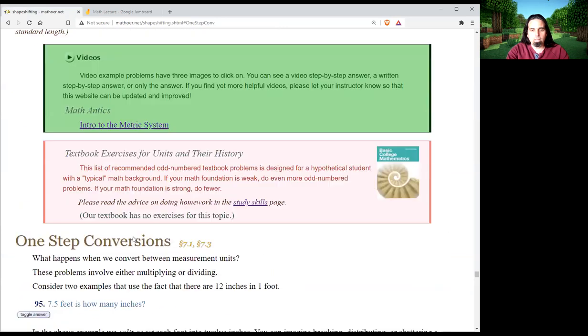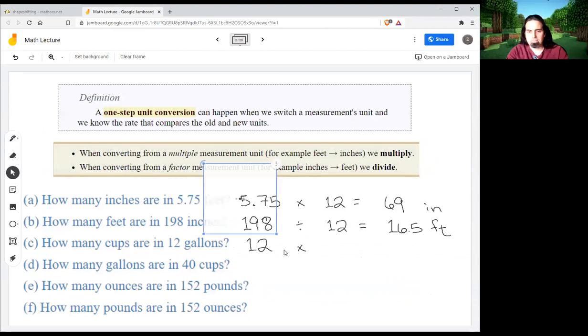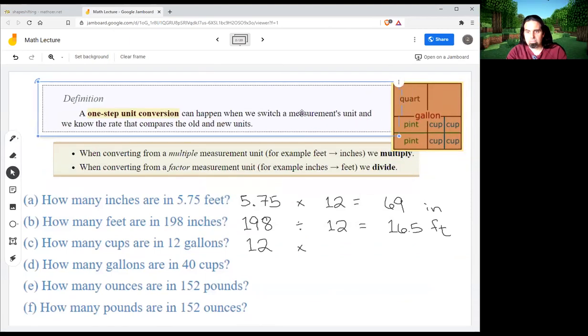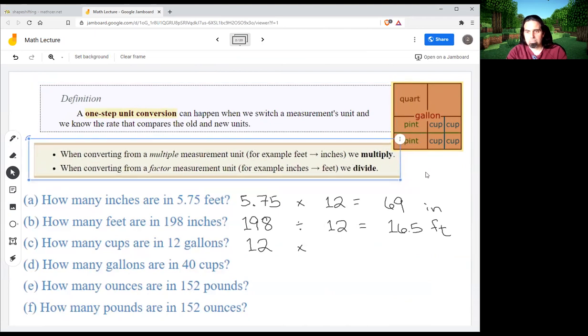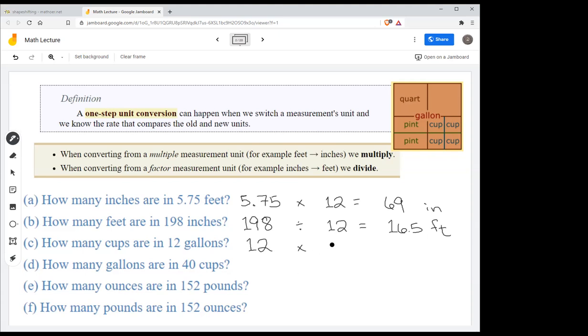If we don't remember that, look at that picture. So 4 and 4 and 4 and 4. Sixteen.